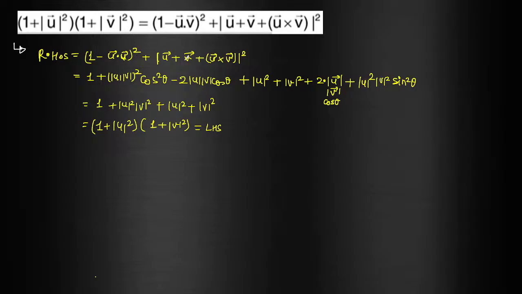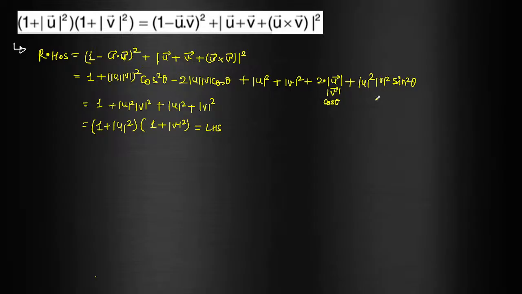In this question, (1 minus u) into B whole square plus u plus v plus u cross B, A square plus B square minus 2AB. This is A square plus B square plus 2AB. This is cross, this is dot. They are perpendicular, so dot is 0, and u dot v cos theta.